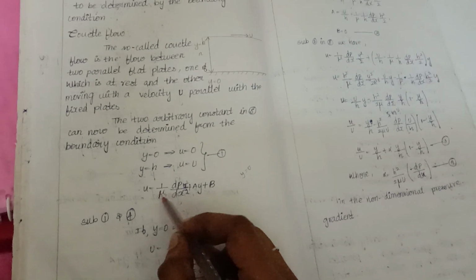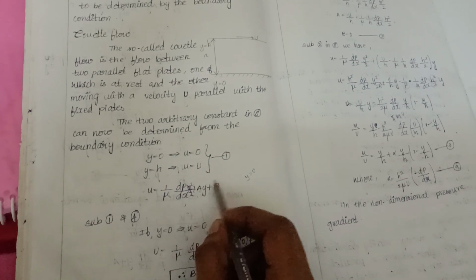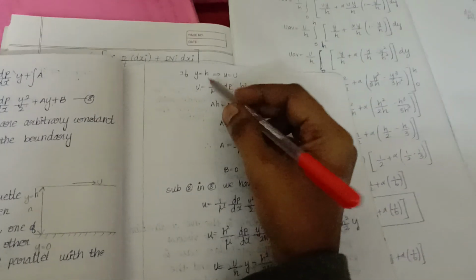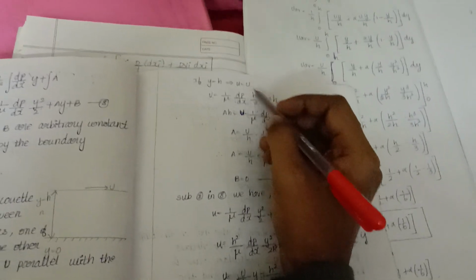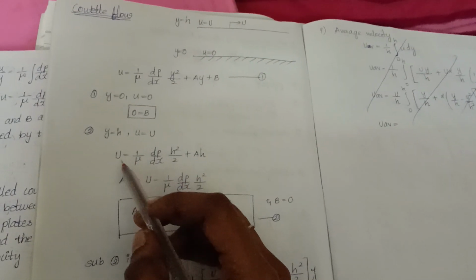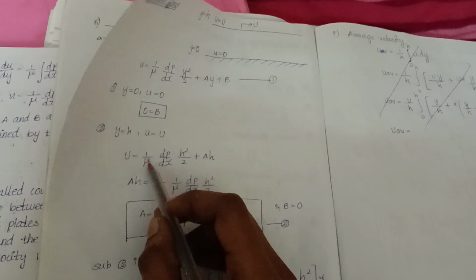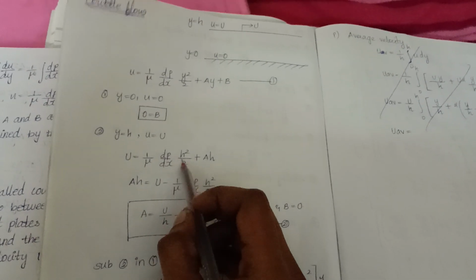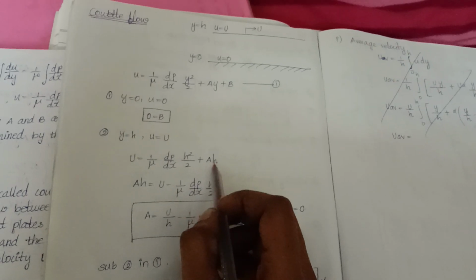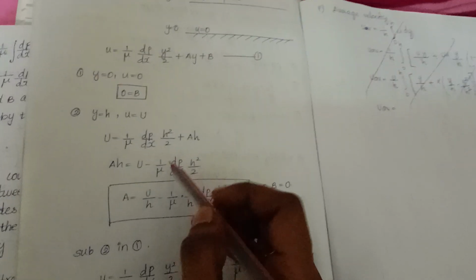So if we substitute y equal to 0 and u equal to 0, we get b equal to 0, and then substitute y equal to h, u equal to capital U, which means we get capital U equals 1 by mu dp by dx h square by 2 plus ah, where b equals 0.